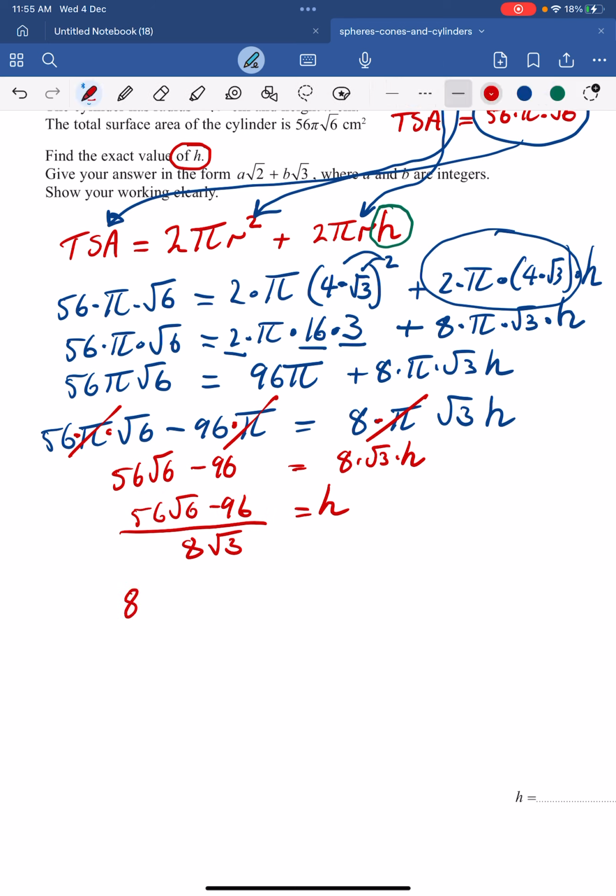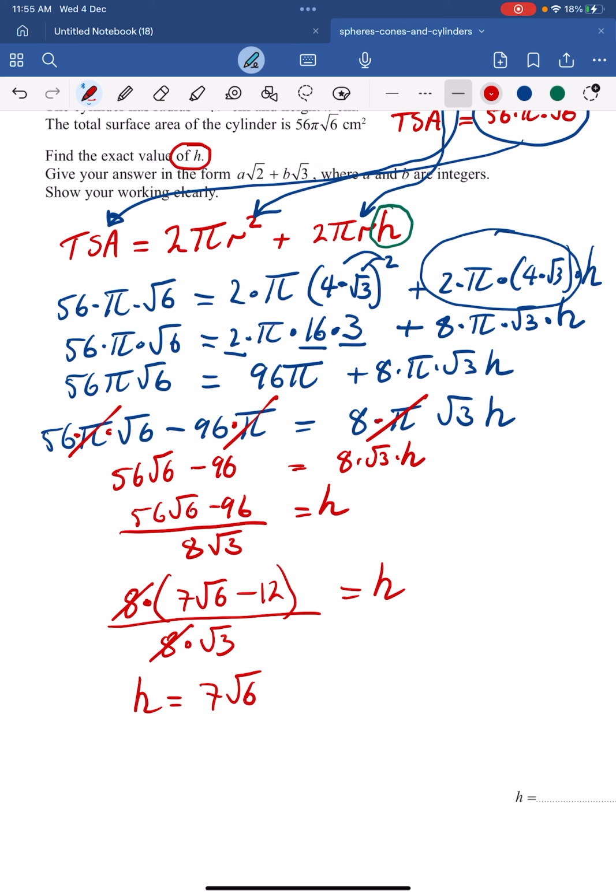Watch the magic. 8 here. That'll be 7 √6 minus 12, and that's 8 times. And on the bottom, I've got the two factors, 8 times √3. On the right-hand side, h. Now that helps because we can cancel common factors. So my answer for h is 7 √6 minus 12 divided by √3.